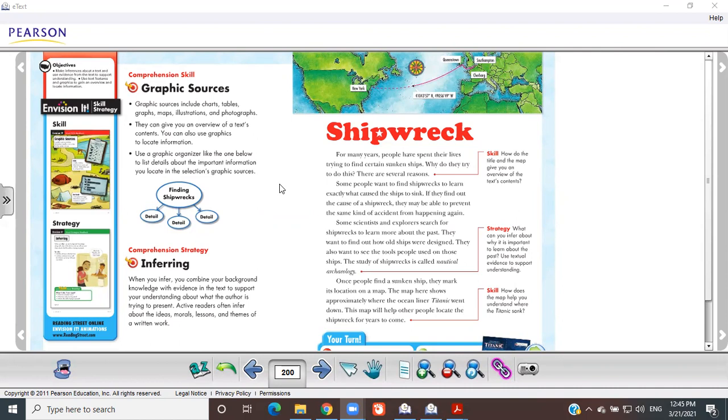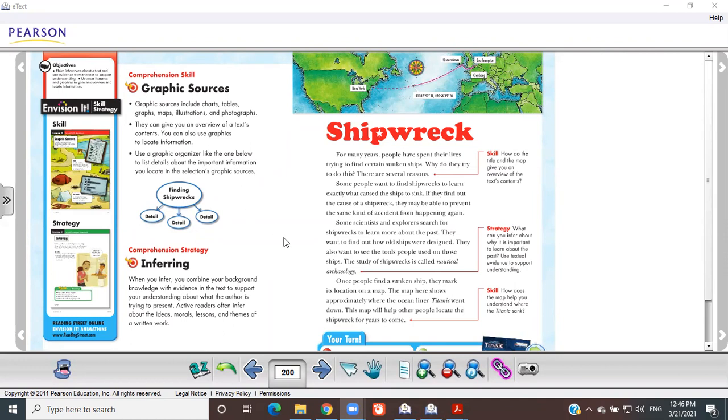The graphic sources give an overview of a text's contents. Very good. It's an overview or a summary of a text's contents. It includes what? Tables, graphs, maps, illustrations, and photographs. Very good. It includes charts, tables, graphs, maps, illustrations, and photographs. It can be all of them, some of them, or one of them.